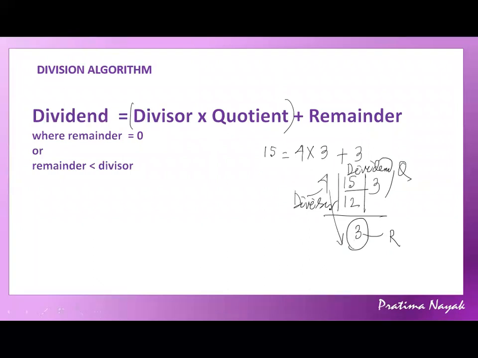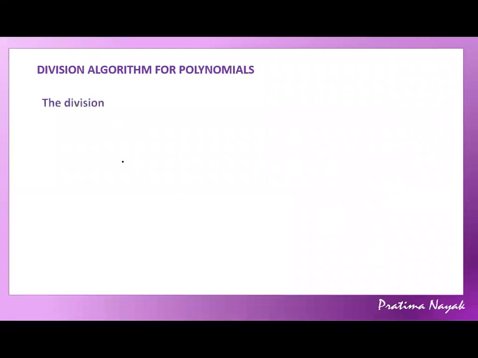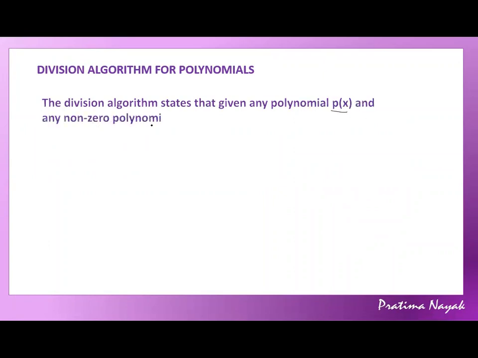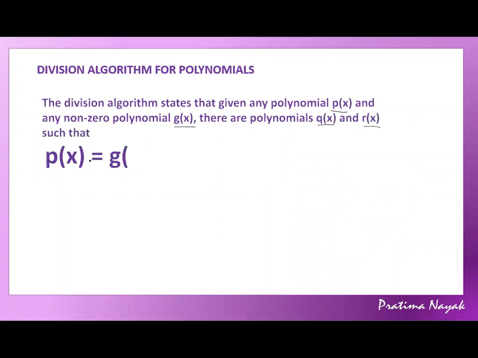So now coming to polynomials. Here also the division algorithm states that given any polynomial p(x) and any non-zero polynomial g(x), which is the divisor, there are polynomials q(x), which is the quotient, and r(x), which is the remainder.